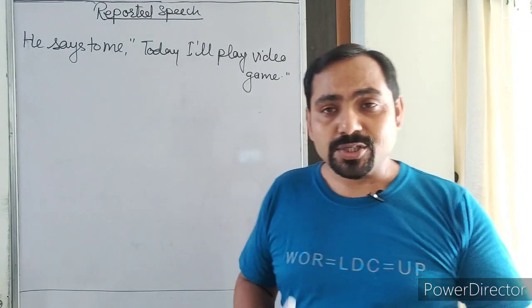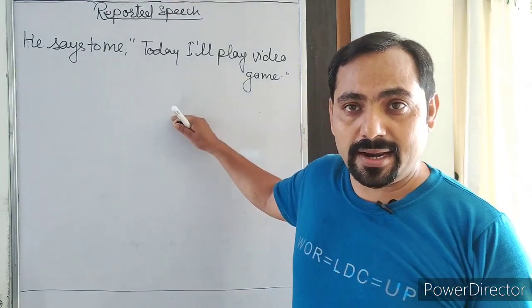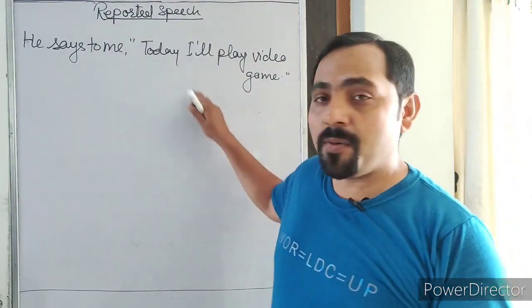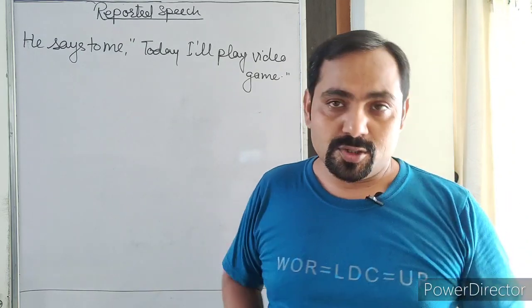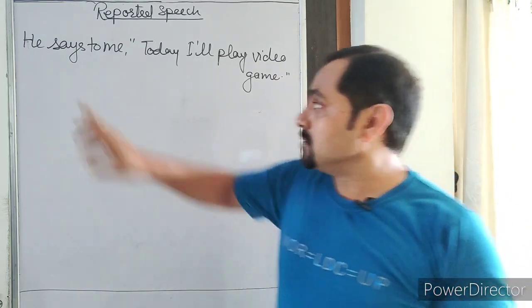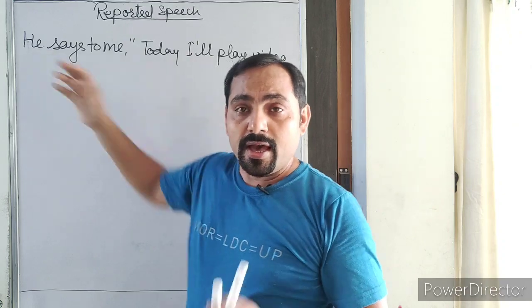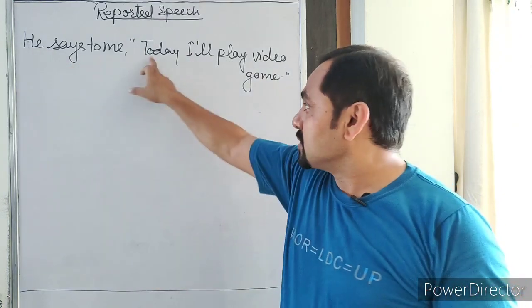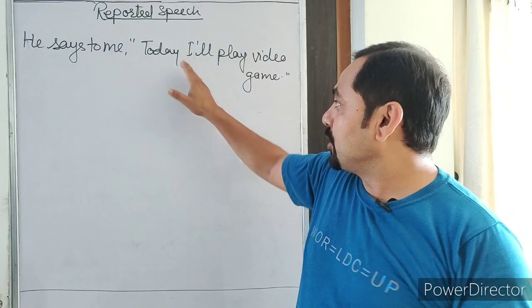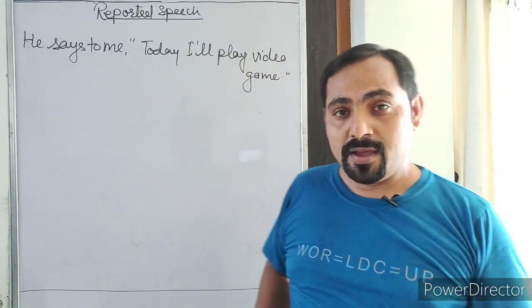So now let us talk about what it is exactly. The sentence written in this format is called direct speech. Why direct speech? It means the person has spoken or stated the same statement as it is, that today I'll play video game, right?